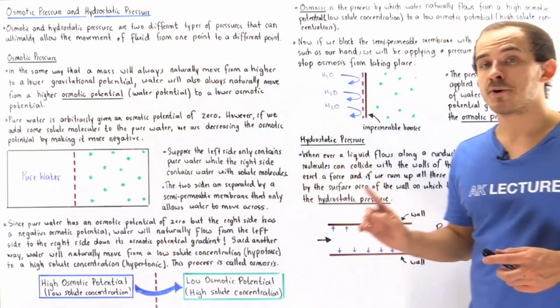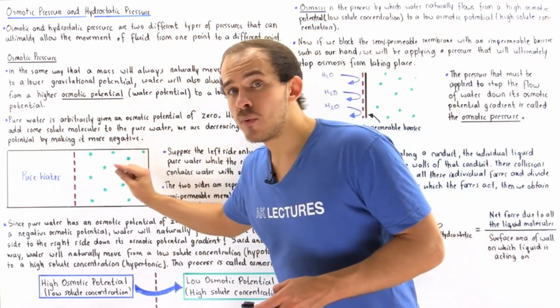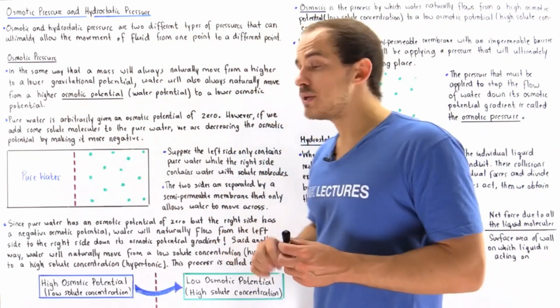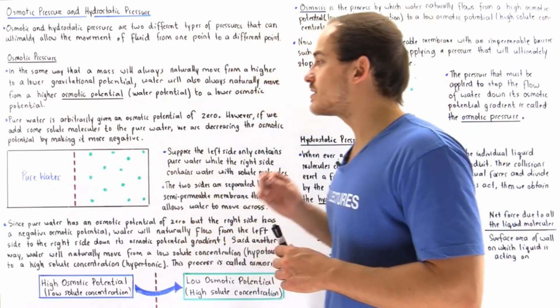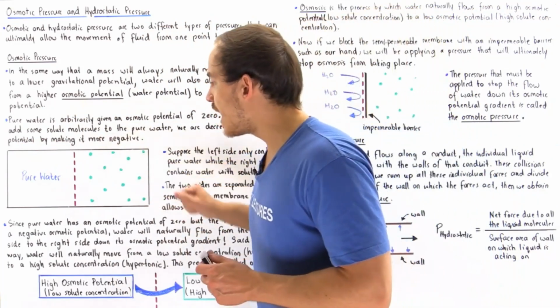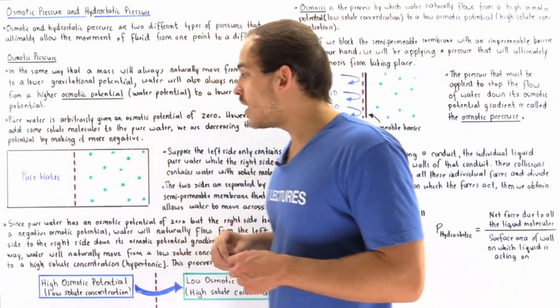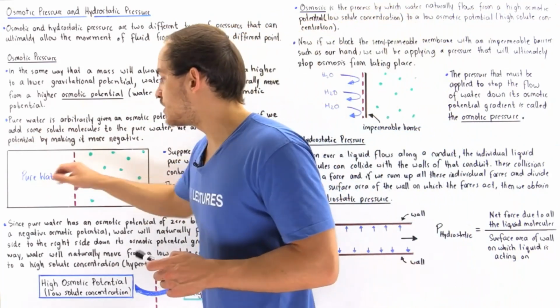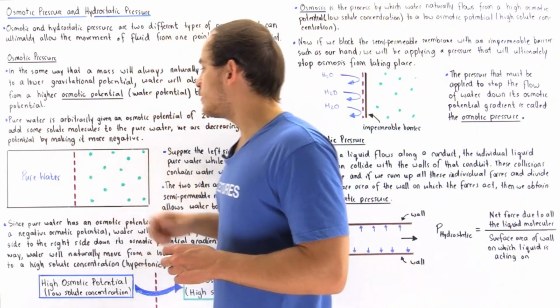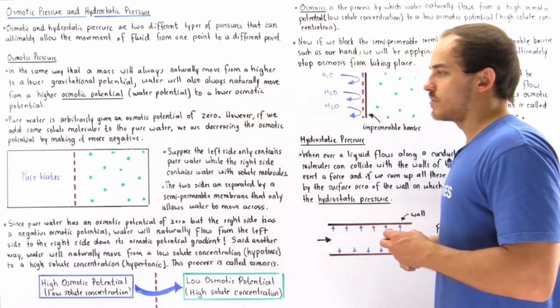And this semi-permeable membrane has small pores that allows the movement of water molecules, but does not allow the movement of these solute molecules. So the green dots cannot actually move across the semi-permeable membrane, but the water molecules not shown can actually move across the semi-permeable membrane.